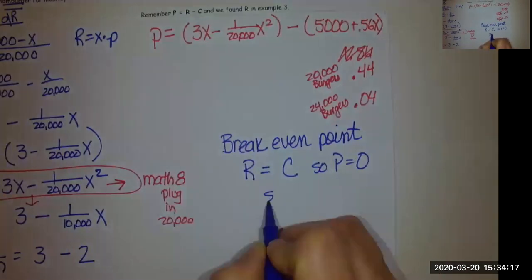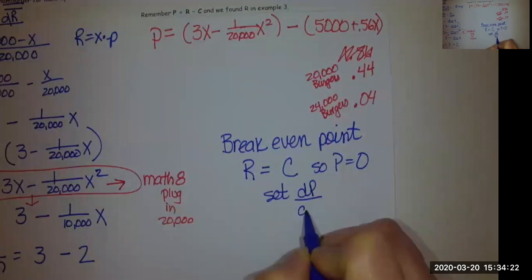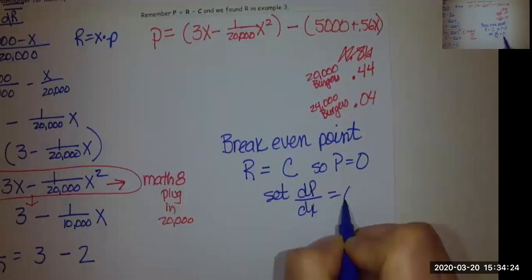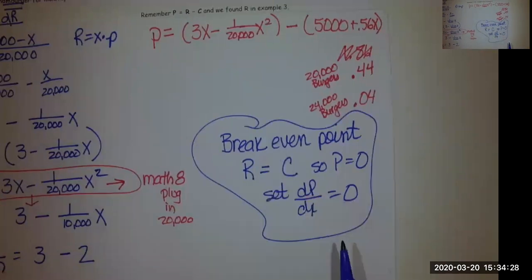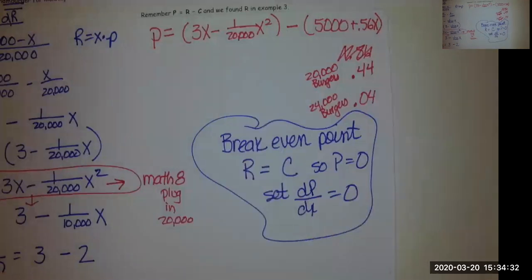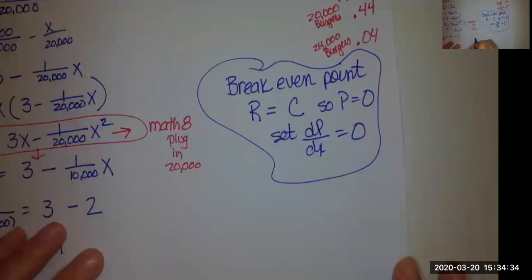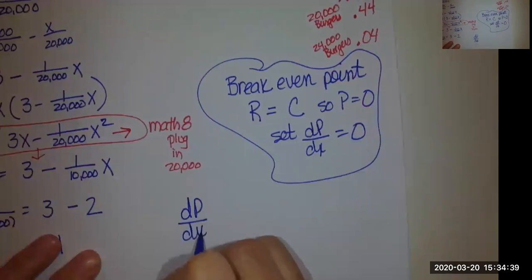So I would set dP/dx equal to 0. Okay, just to kind of let you know how that would work. But in order for that to work, then we're going to have to go up here and we're going to have to take that derivative. So let's do that. So dP/dx is what we're going to need to find.